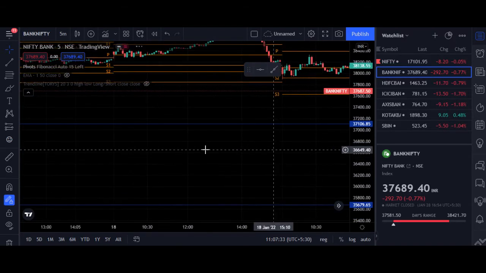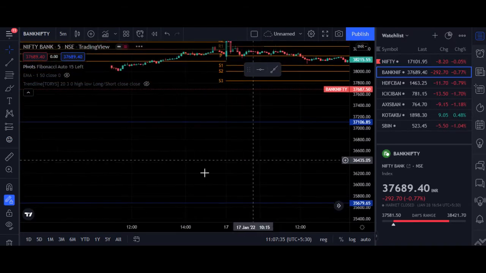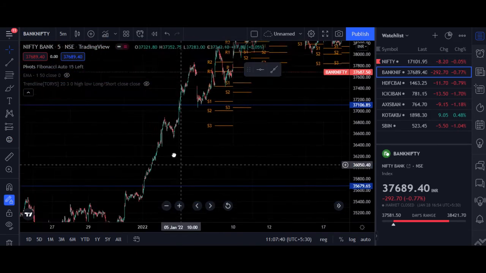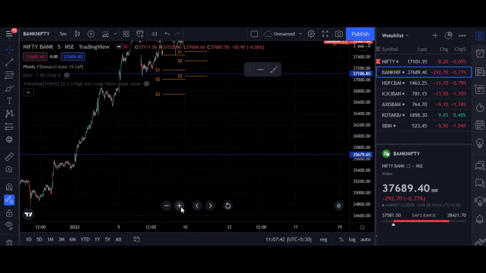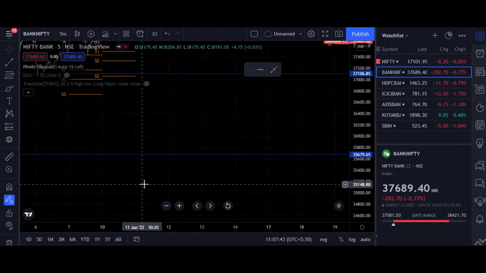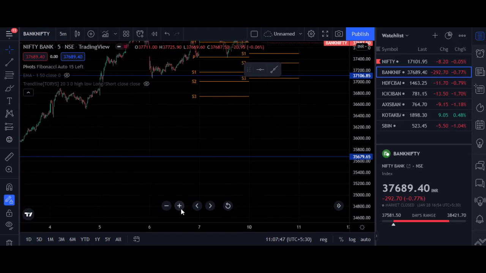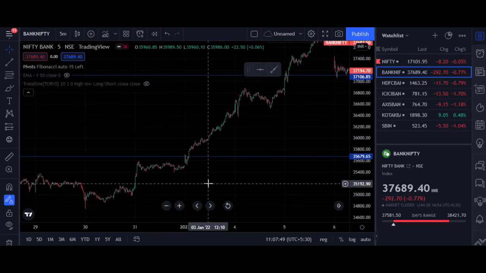We will zoom it here. This is also a reversal, but again a retest happened, then it closed. So the third topic is retest, that we will cover in the third topic. This is what we call the reversal at support and resistance.